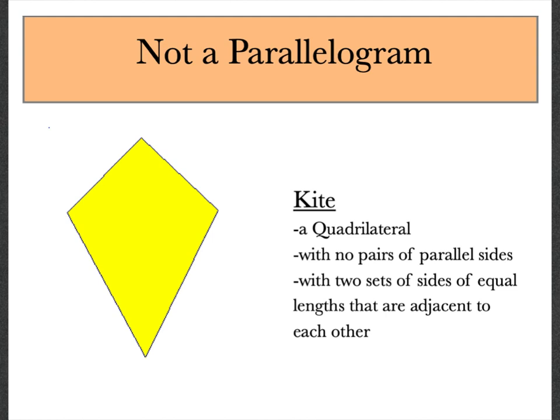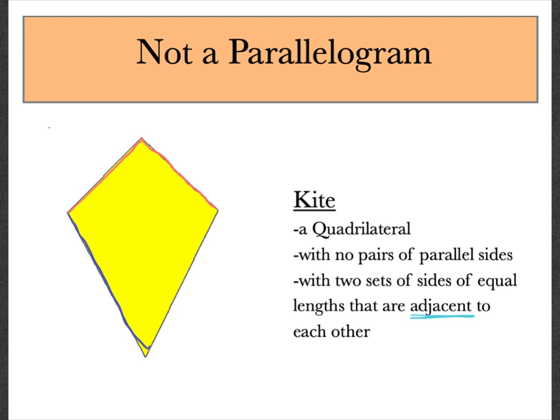And then this next one's kind of interesting. The word adjacent might be a new word for you. So it has 2 sets of sides of equal lengths that are adjacent to each other. So the sides that are of equal length, this one and this one, and adjacent just means next to each other. So these 2 sides have the same length and they're also next to each other.